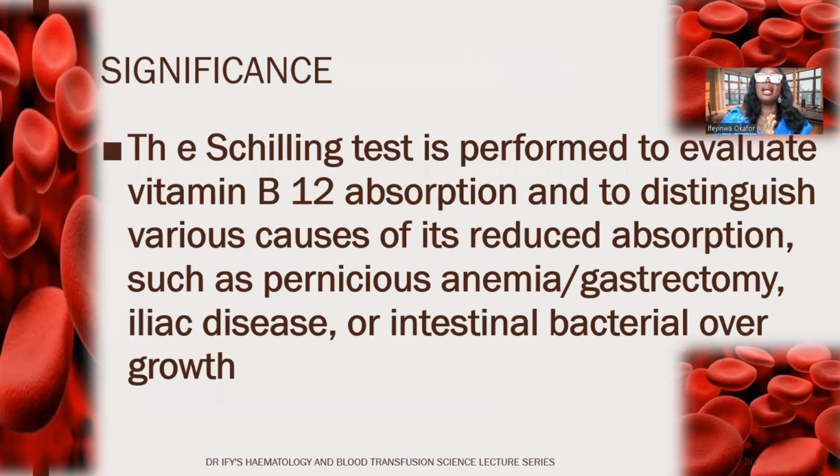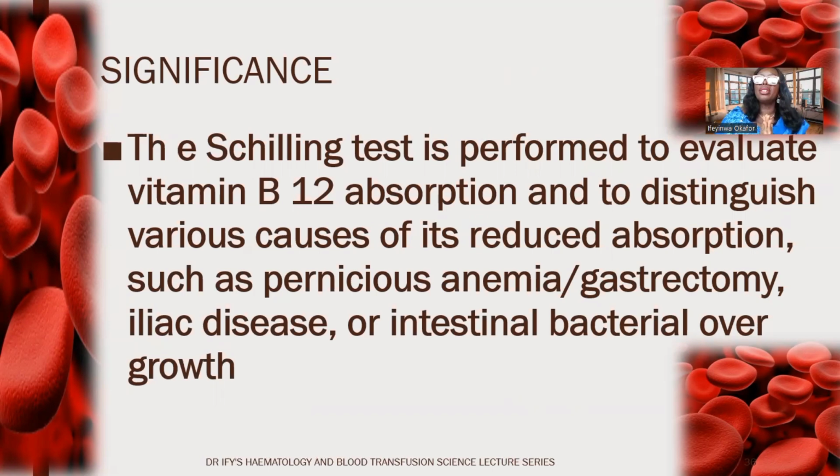What is the significance of the Schilling test? The Schilling test is performed to evaluate vitamin B12 absorption and to distinguish various causes of its reduced absorption, such as whether it is due to pernicious anemia, gastrectomy, celiac disease, or intestinal bacterial overgrowth.